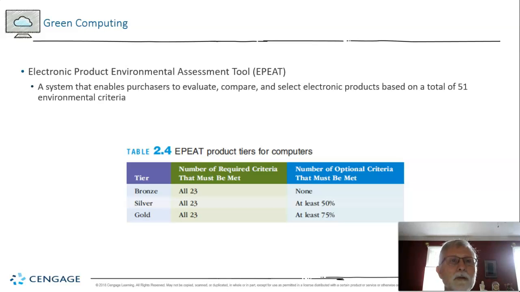And then you've got the Electronic Product Environmental Assessment Tool, and that's just a system that allows people that are buying equipment to evaluate and compare different electronic products across 51 different types of environmental criteria. So if you're into green computing, you may want to use this tool to be able to evaluate how good your vendor is.